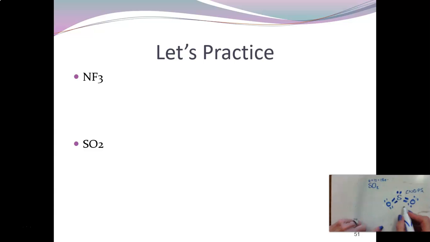Sulfur has what is called an expanded octet. It's what happens when elements are usually around sulfur or period 3 and beyond, and bigger. They can have an expanded octet. The size is such that they can accommodate more than just the 8 valence electrons.